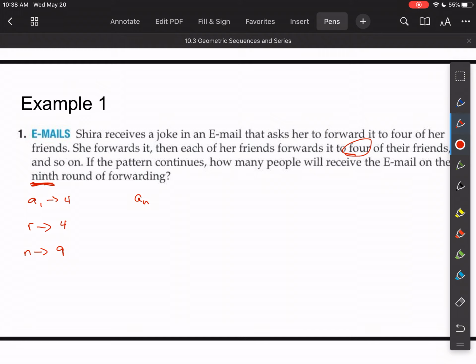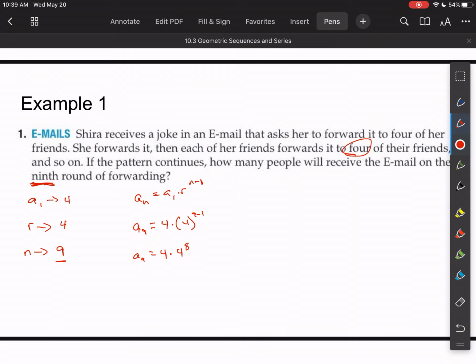We have a sub n is equal to a sub 1 times r to the n minus 1. In this case, n is 9. So a sub 9 is equal to a sub 1, which is 4, times the common ratio, which is 4, all to the 9 minus 1. So a sub 9 is equal to 4 times 4 to the 8th.